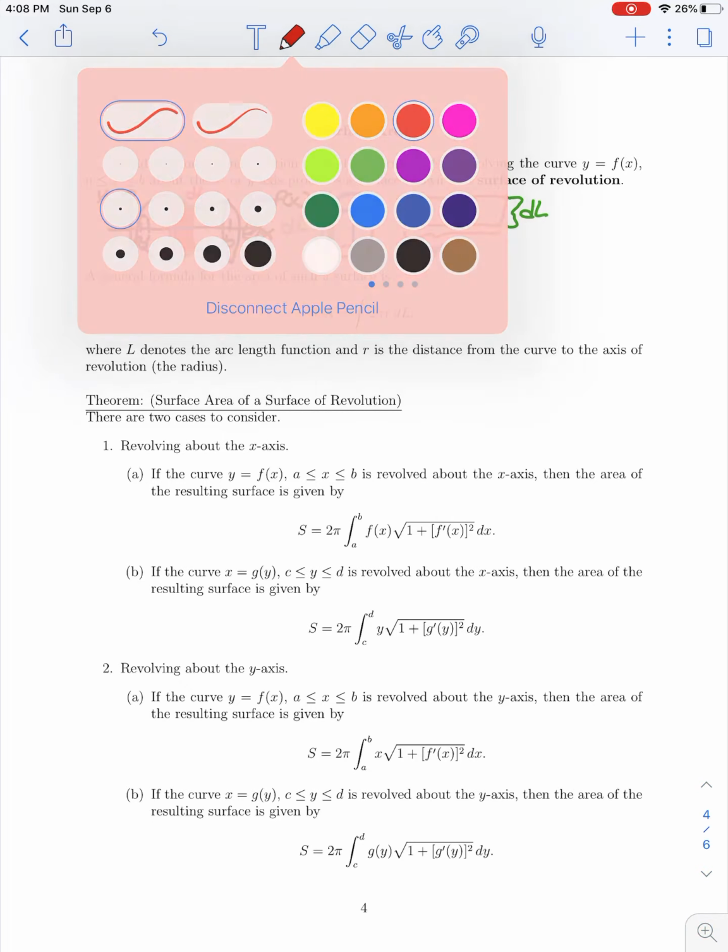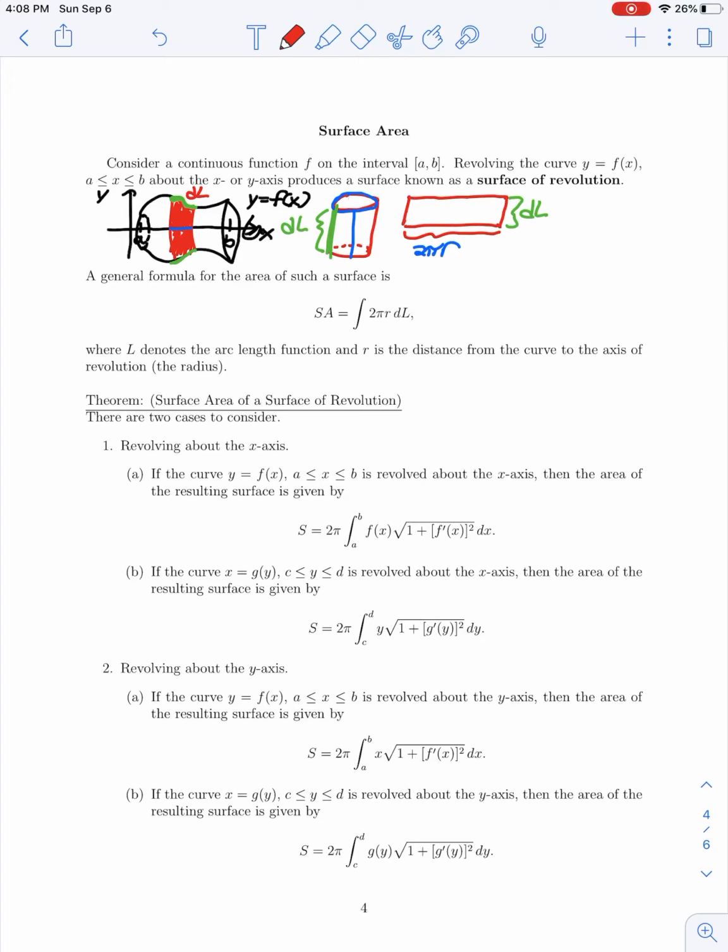So the area of this little strip, which is wrapped around my surface of revolution, is what I will call a differential of the total area of this surface of revolution that I'm after. And it would be given by the product of 2 pi times the radius of this cylinder times its height, which is a differential of the arc length.